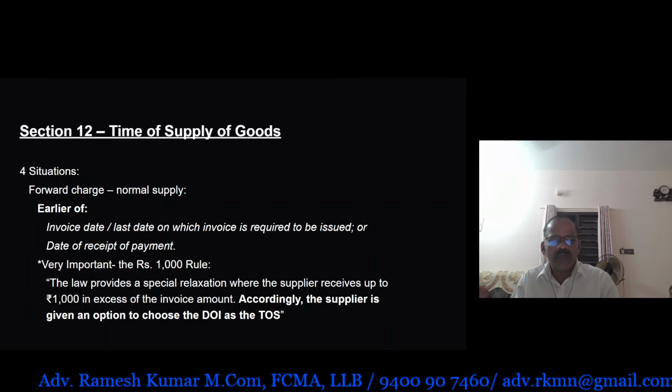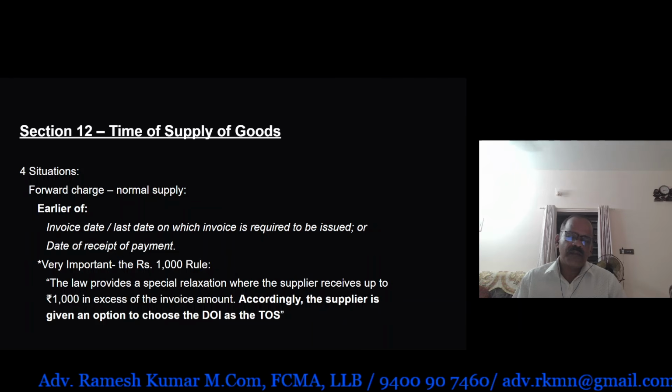Let us take two examples. Suppose goods are supplied and the invoice is issued, say, on 10th August. The customer makes the payment on 20th August. What is the earlier date? 10th August. So 10th August is the time of supply in this case. Now let us twist the example.